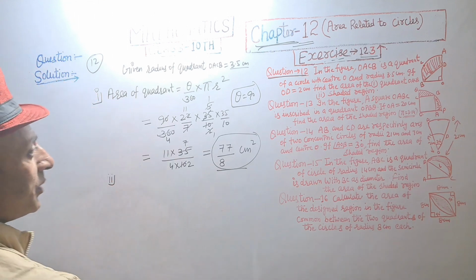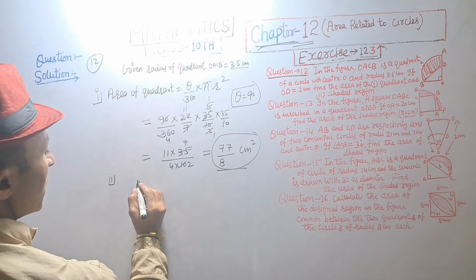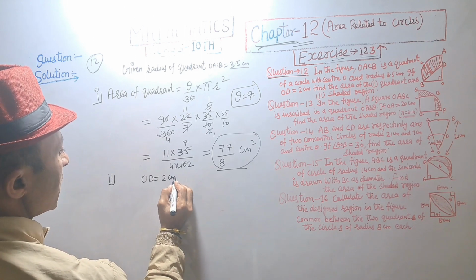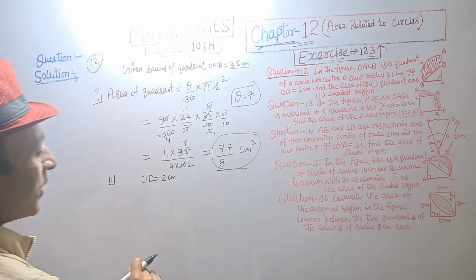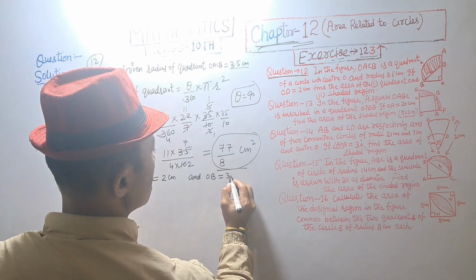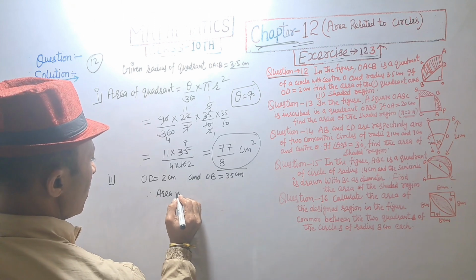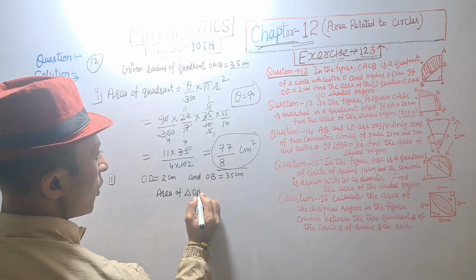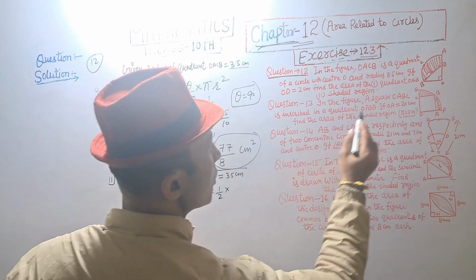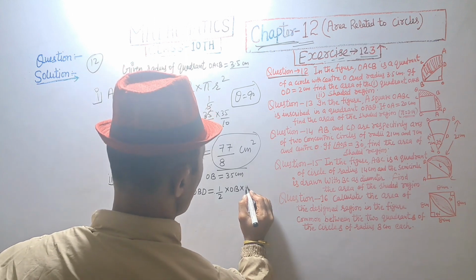And second part, area of shaded region. OD is equal to 2 centimeter and OB is equal to 3.5 centimeter. So area of triangle OBD is equal to half into OB into OD.